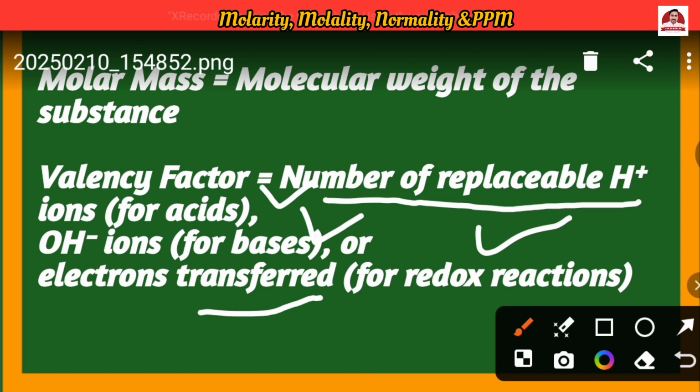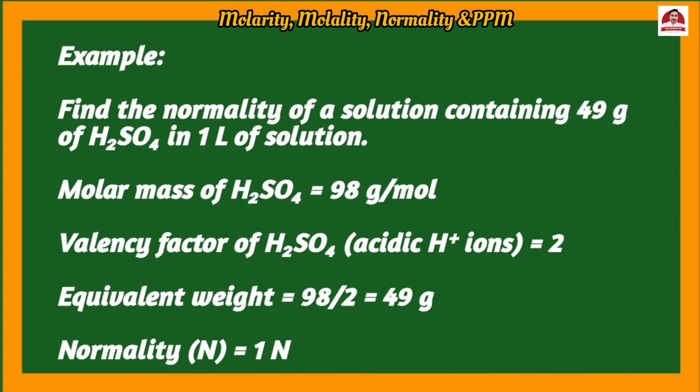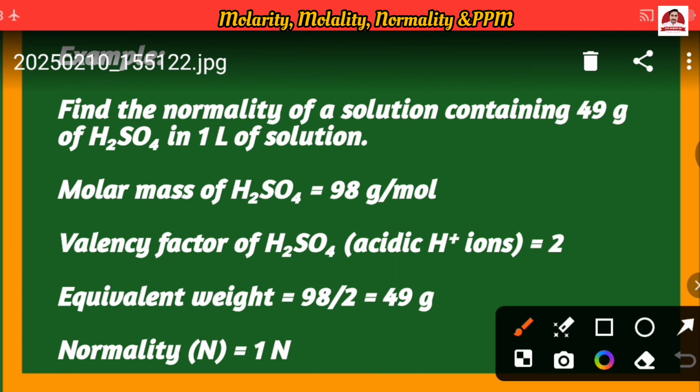Now we calculate the normality. We have an example, that is, we find the normality of a solution containing 49 gram of sulfuric acid in 1 liter of the solution.